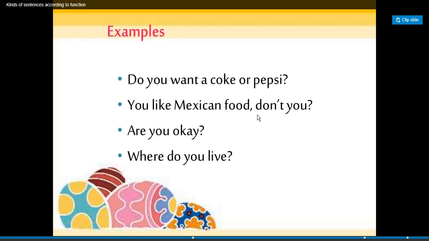This one is tag question because this part is added to a particular statement. You like Mexican food, don't you? And this one is called WH question because it begins with WH, just like where do you live?